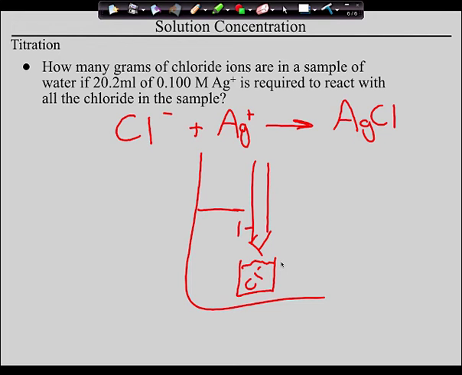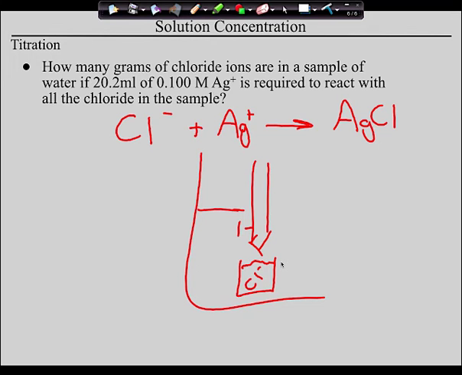So guys, how do you get silver ion into solution if silver doesn't dissolve? You need a salt of silver that will dissolve in water. Yeah? So what would be a logical choice if we need a soluble silver salt? Silver nitrate, because all nitrates are soluble.